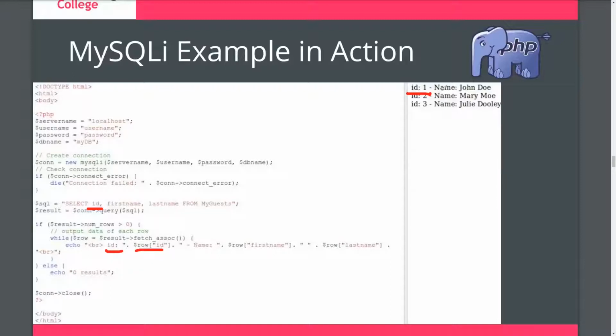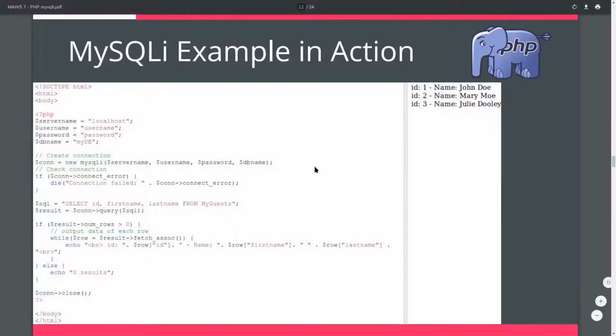Then we have name, and here is first name, and here's name being printed out down here, and here's the row, and here's the element being selected. I'll not repeat it again for second name, but it's the same idea for last name here. So that's how we connect to a database using PHP.